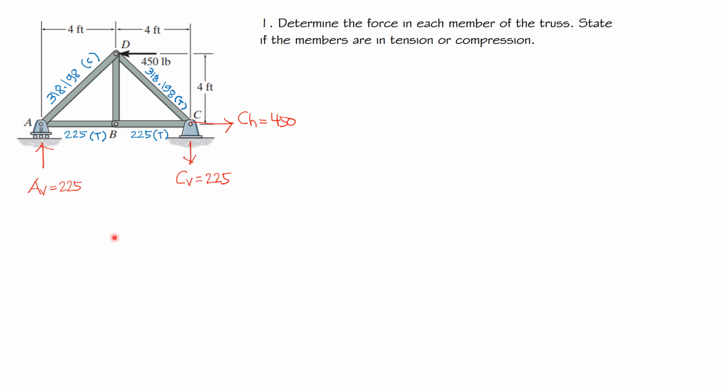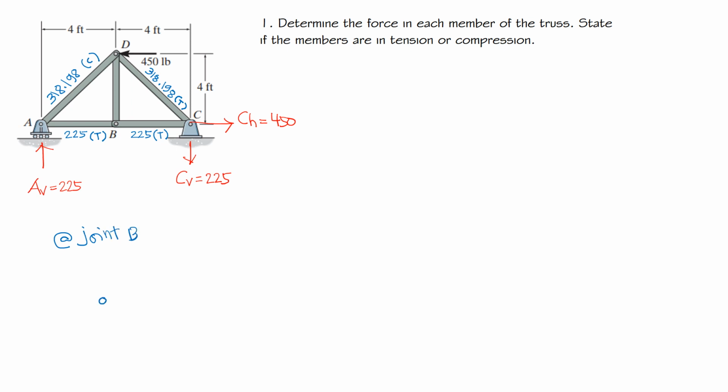So we can consider joint B, or we can consider joint D, any of the two, but we will be arriving at the same answer. So let's try at joint B, which is the easiest.